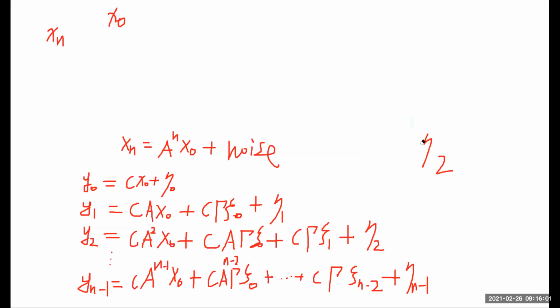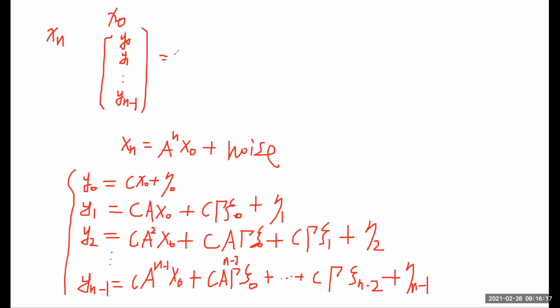We have y0, y1, until y_(n-1), and here we have C, CA, until CA^(n-1).